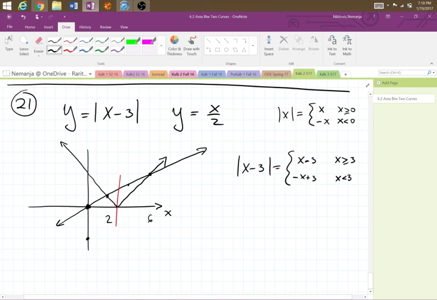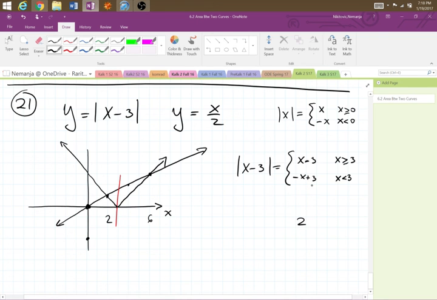So if I pick 5, absolute value of 5 minus 3 is 2, and 5 minus 3 is 2, so that's cool. If I pick 10, 10 minus 3 is 7, both positive, awesome. Pick a smaller value than 3, let's say 2.